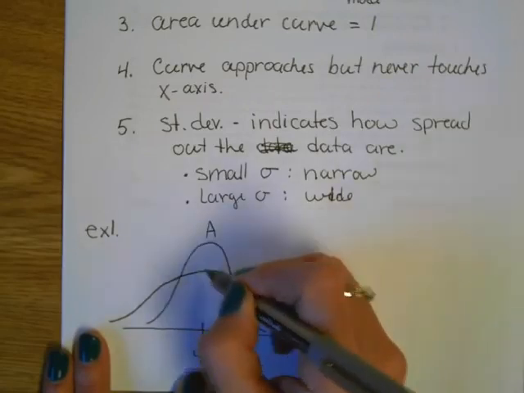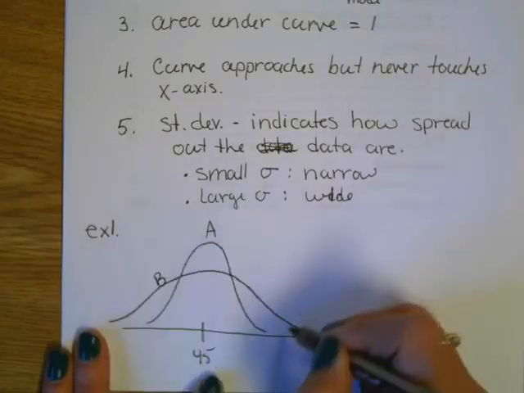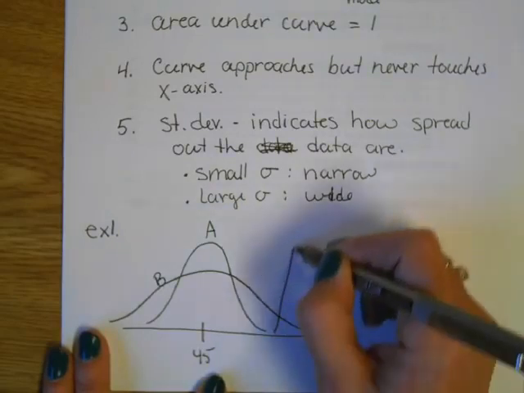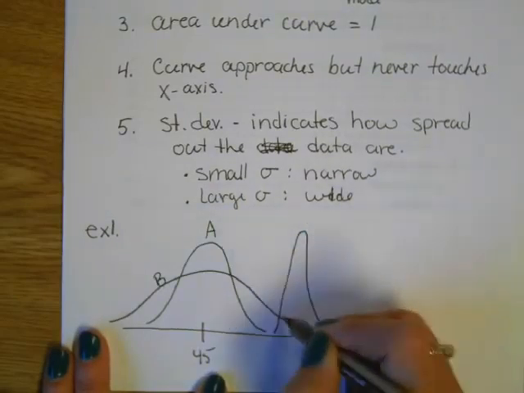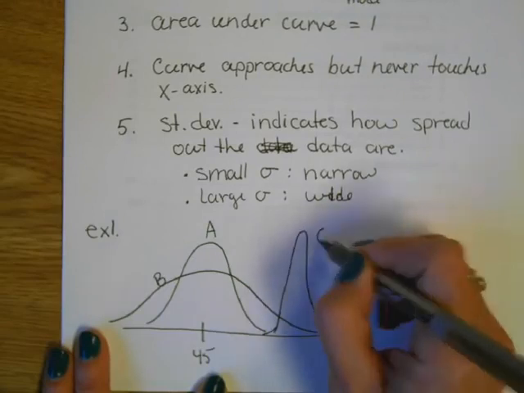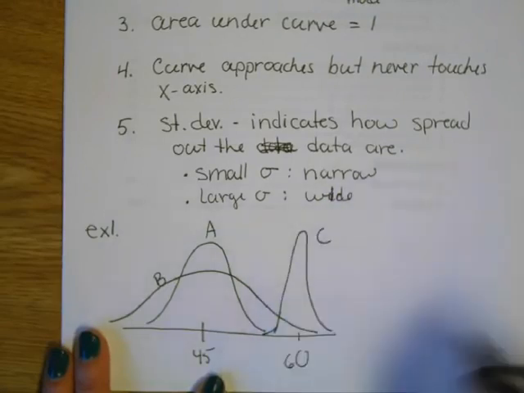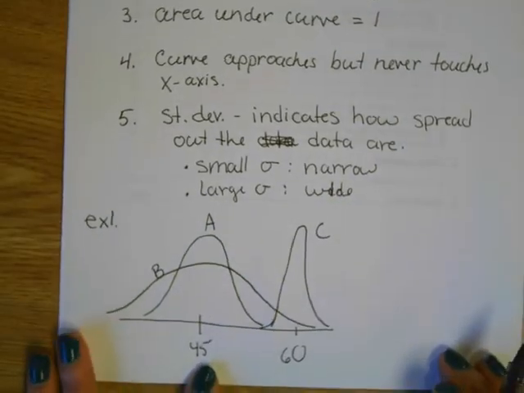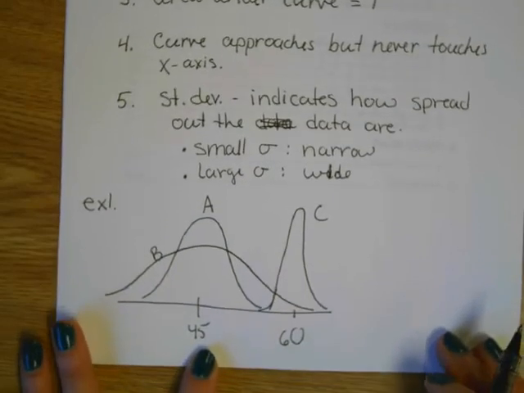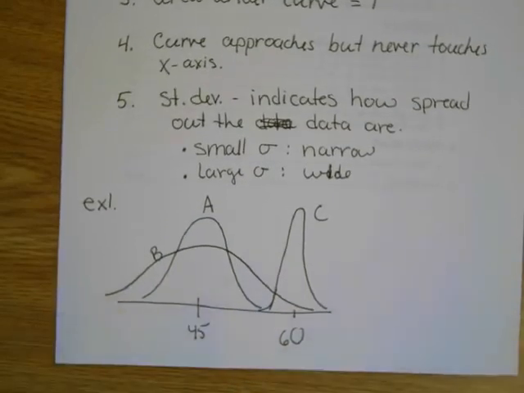Let's see, this is graph A, this one's B, and then that one's C. Alright, so there's 3 different normal curves there. I tried to make them look normal, but they're not the best.